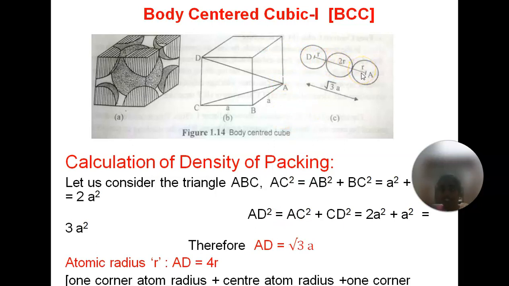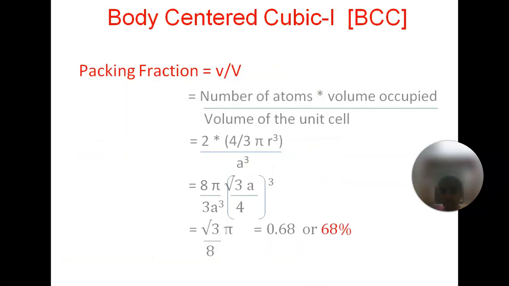The body diagonal is 2r for the center atom plus r and r for the left and right, so we have totally 4r. Since it is arranged along the body diagonal, its value is root 3 a. So 4r equals root 3 a, and r will be equal to root 3 a by 4.